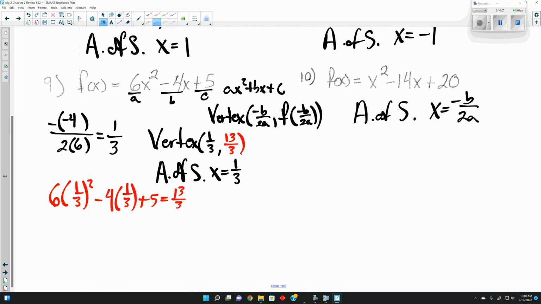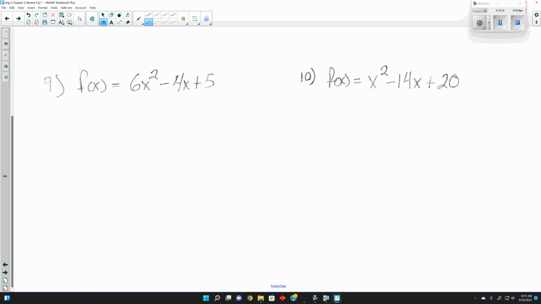Questions on this here? Okay, I'm going to erase this here so I have a little bit more room to write. Here, vertex is still negative b over 2a.